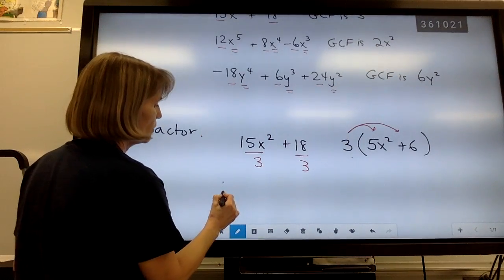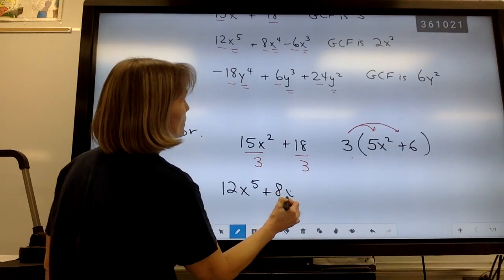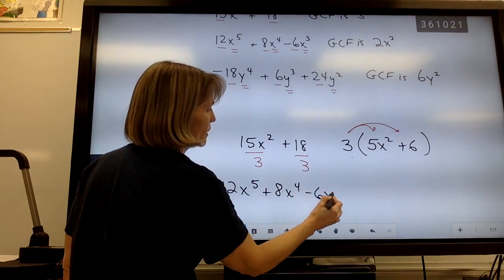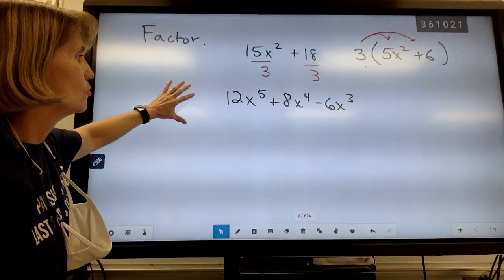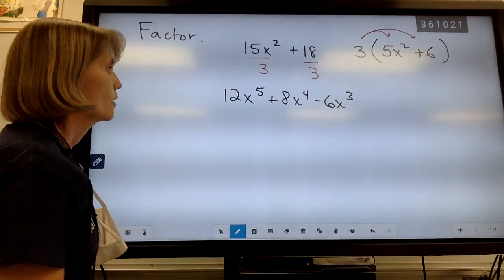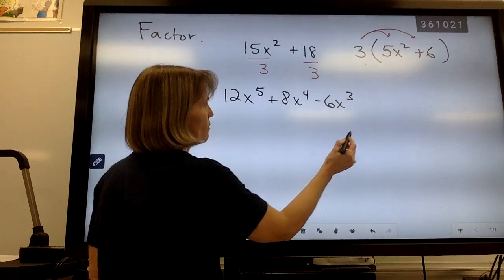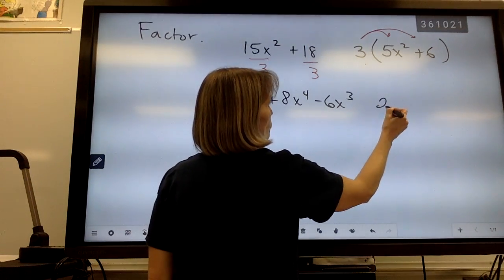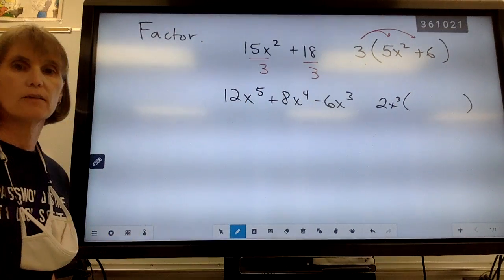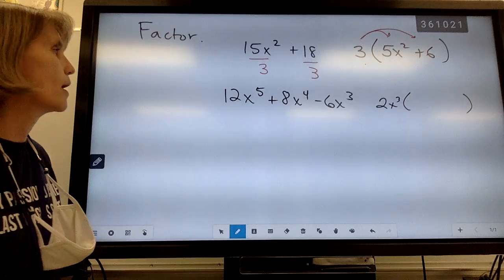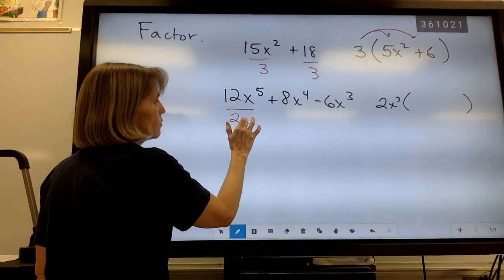The second example up there was 12x to the 5th plus 8x to the 4th minus 6x to the 3rd. If the directions were asking you to factor this, you would want to take out the greatest common factor, which we said was 2x to the 3rd. So that's going to sit out front, in front of the parentheses. That's your monomial. And then you're going to figure out what would be left to go in parentheses.